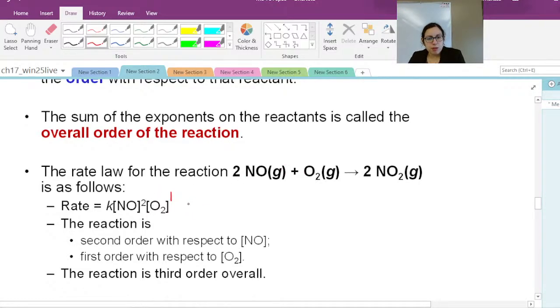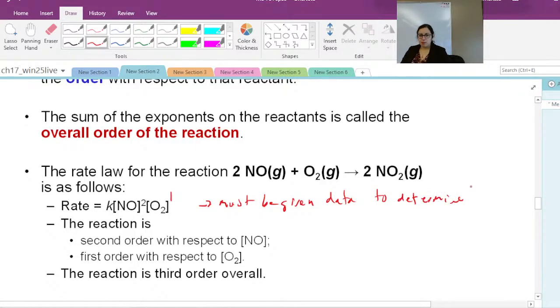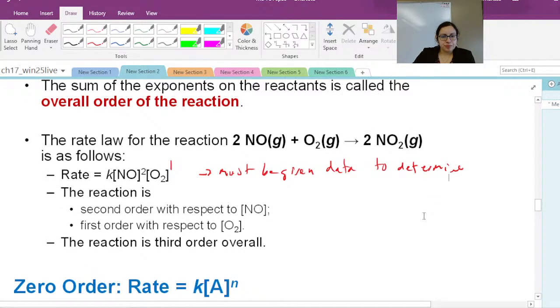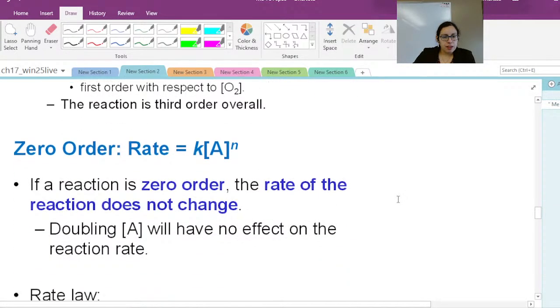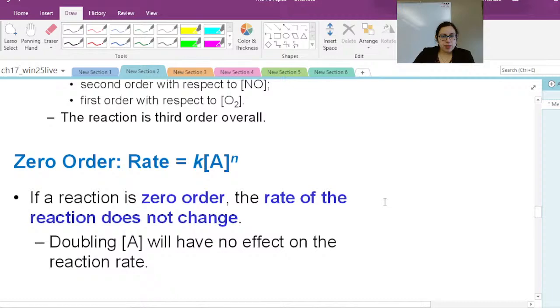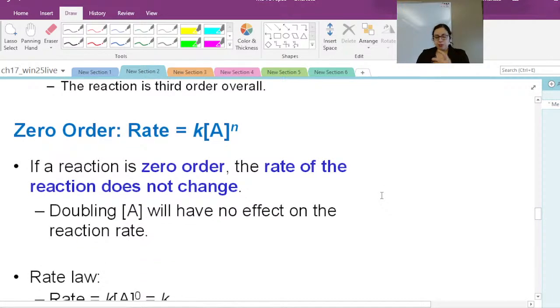So let's re-emphasize that: you must be given data to determine the order, unless they're telling you, hey, it's second order, it's first order. But we don't really know that at this point, if that makes sense. It'll make more sense as we go through examples too.